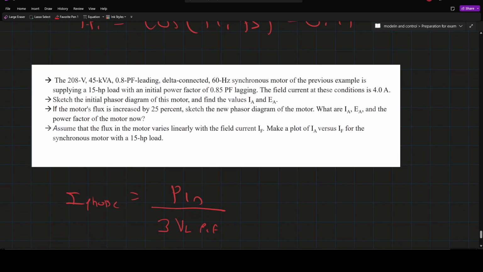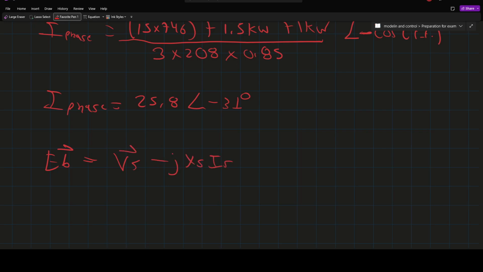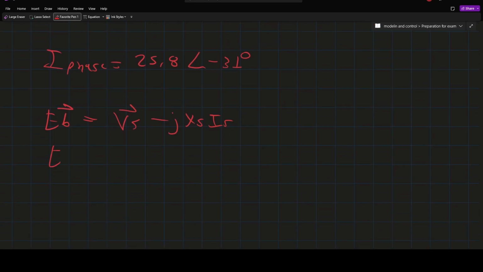And now it is saying to sketch the initial phasor of this motor and find the values of IA. We just found IA, so EV is going to be, I know they call it EA, but I like to use the formulas that we figured out, EV minus j Xs IS. I hope it's not too confusing. So EV is going to be 200 minus 2.5 times 25.